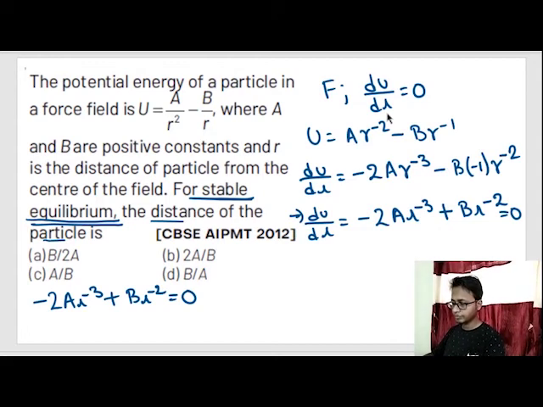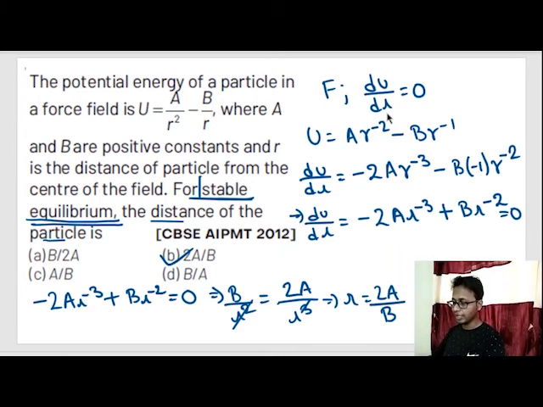Or we shift this to the right hand side: b by r square is equal to 2a by r cube. The r square and r cube get cancelled, so r is equal to 2a by b. So you see in this question, this table has no meaning out here. If they even mention the term equilibrium, we could find out the answer.